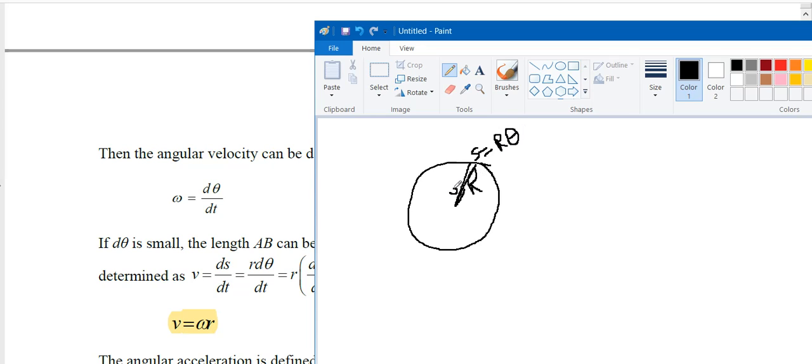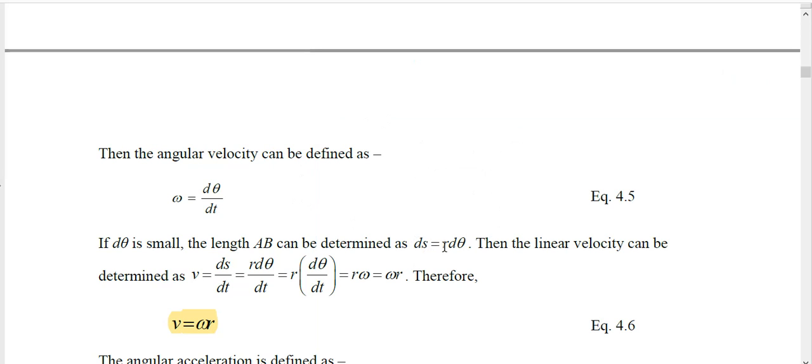If my rotation is very small, we can write this as r theta. We saw that many times in our life. Same thing here. This is why ds is r d theta.